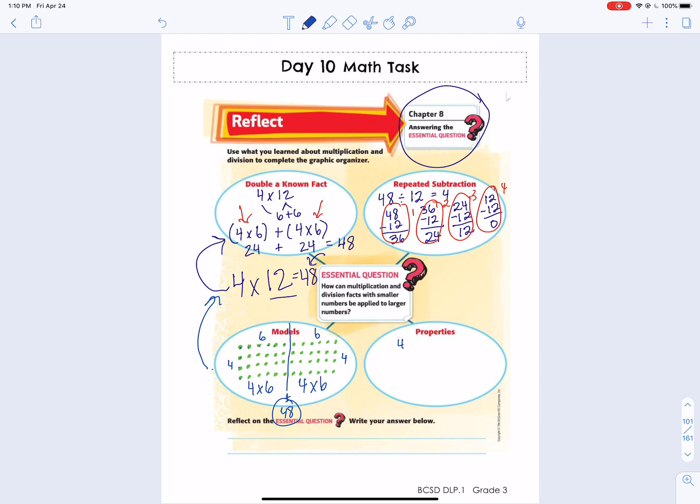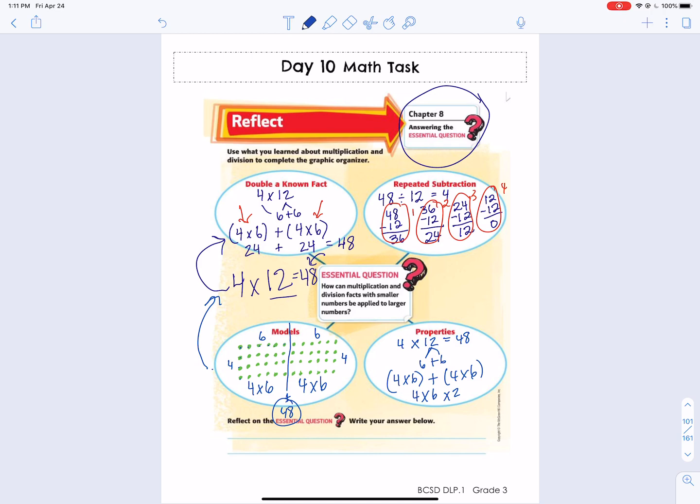Right here, we were doing 4 times 12 equals 48. We were splitting this up into 6 plus 6, right? So 4 times 6 plus 4 times 6. Another way of writing that is 4 times 6 times 2, okay?